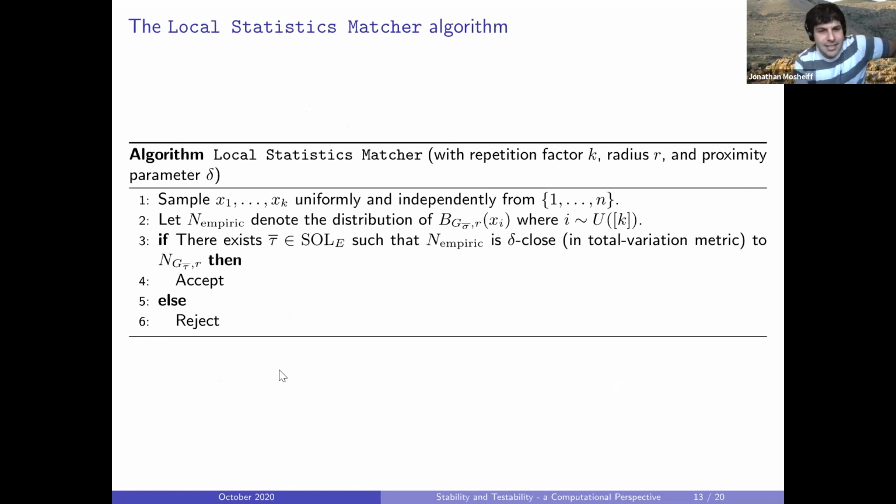And this leads us to the algorithm that we're going to use. This is an algorithm called local statistics matcher.